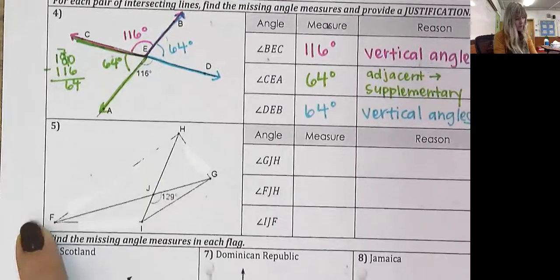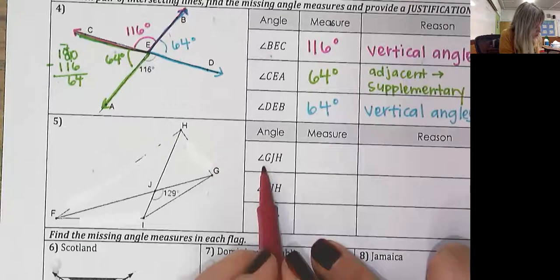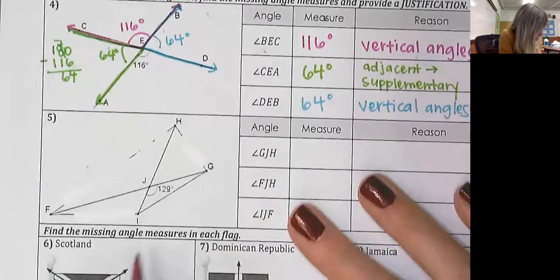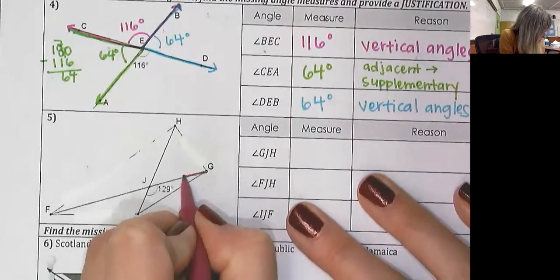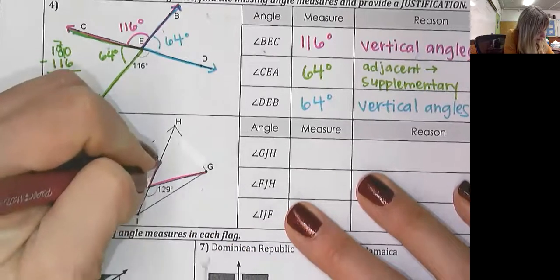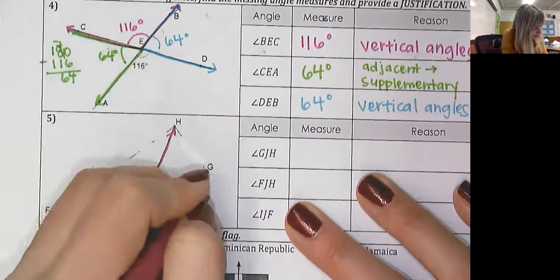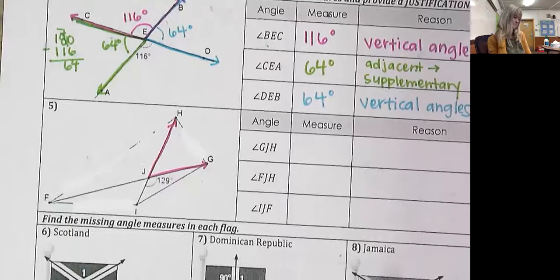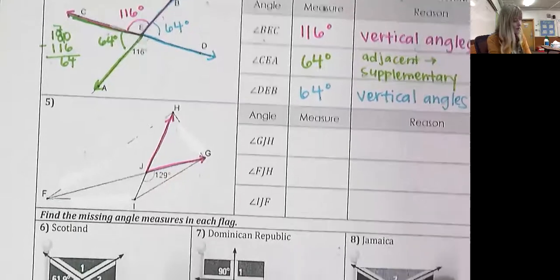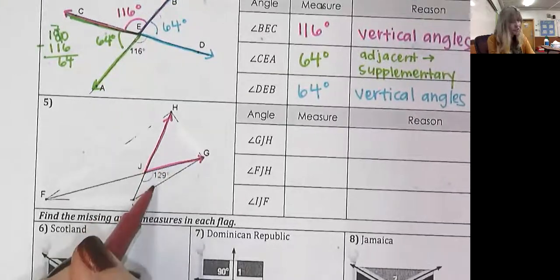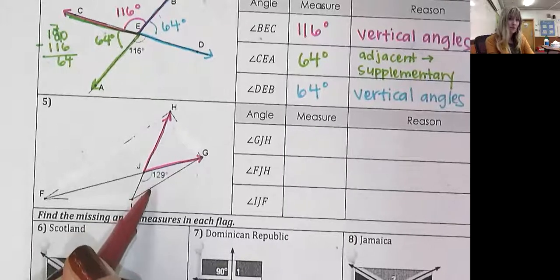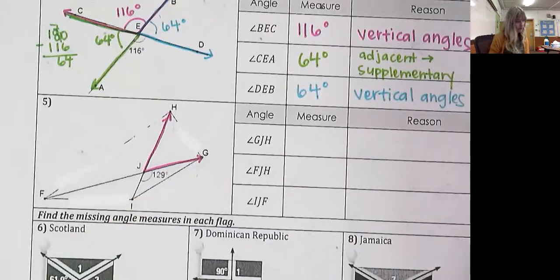intersecting lines? So if they say here, okay, GJH, I'm going to go from G to J to H. This is the angle that I want. Okay. Well, this angle is adjacent to the one they gave me. You know what? I might find a different one first.